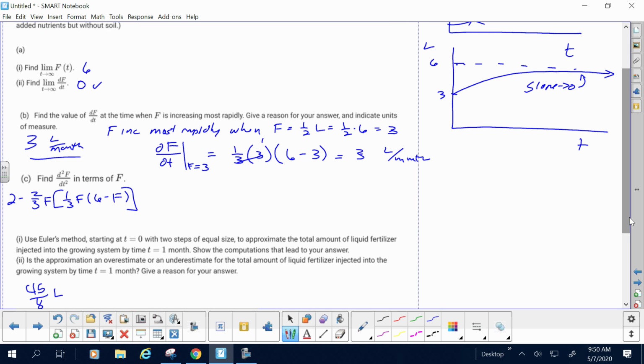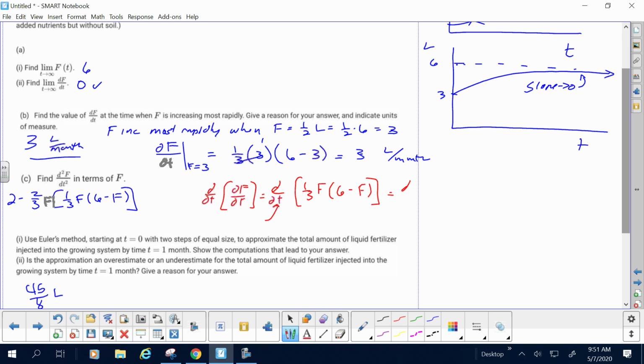All right. Using good calculus technique, let's take the derivative with respect to t of df/dt. So take the derivative with respect to t of 1/3 f times 6 minus f. Again, we're taking the derivative with respect to t, not f.